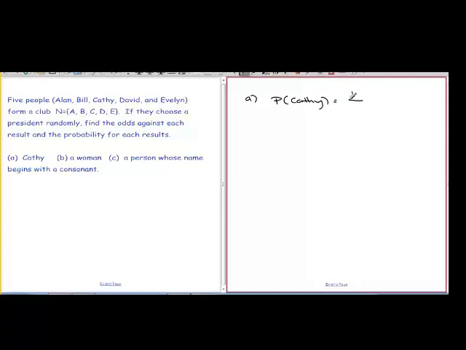So the probability for picking Kathy is 1 divided by 5, the 5 remaining people. The odds for are going to be 1 to 4, because the number of favorable outcomes is 1. Unfavorable is picking Alan, Bill, David, or Evelyn. So for the odds against, you just switch the two. So it's 4 to 1.